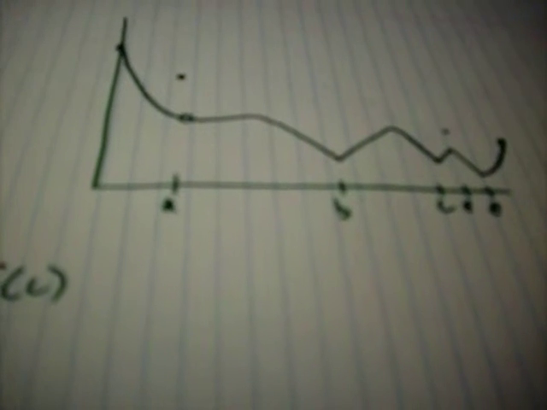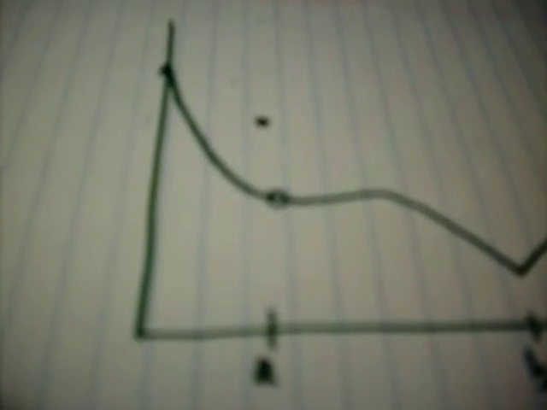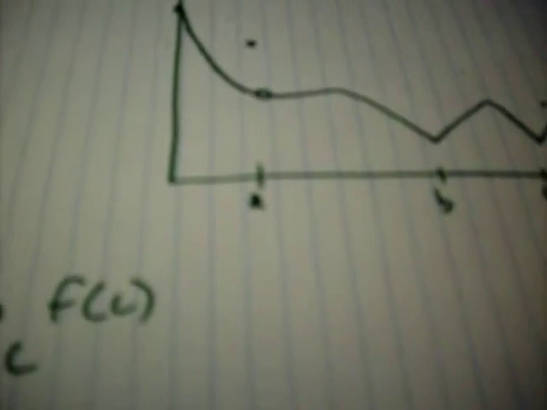So, are any of these points differentiable? Well, is the limit the same as you approach from the right as you approach from the left? For a, well, yes it is. So, a is differentiable. At x equals a, you can find the derivative at that point.